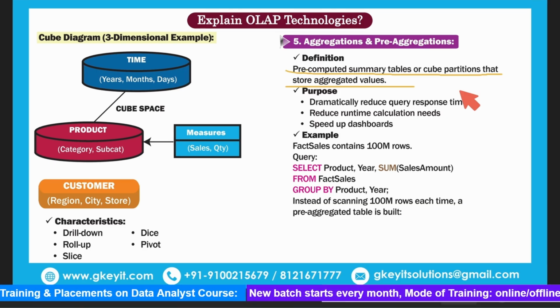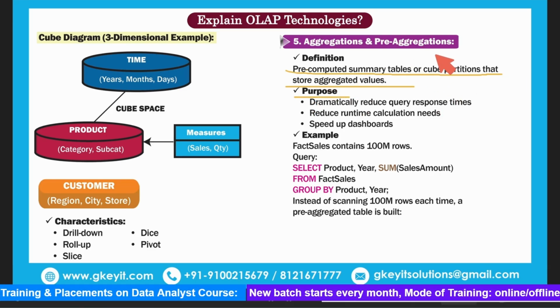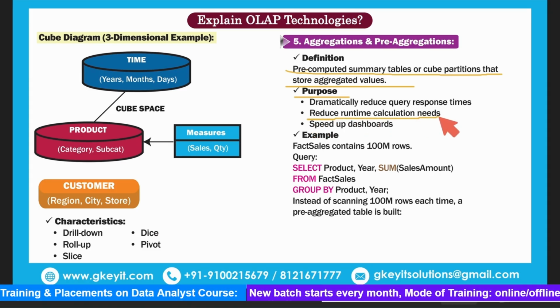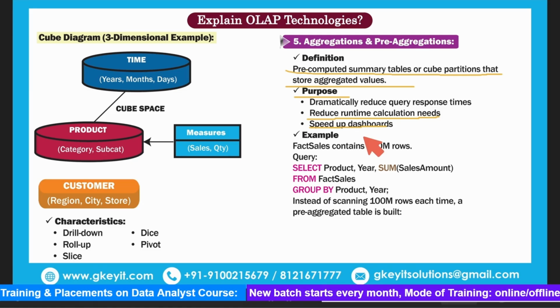We can schedule these cubes at a particular time. They will pre-aggregate the values and store them in the cubes. The purpose of aggregations and pre-aggregations is to dramatically reduce query response time. Why? Because these are pre-aggregated. They reduce runtime calculation needs and speed up dashboards. That means finally for the performance of the dashboards we are going to use aggregations and pre-aggregations.